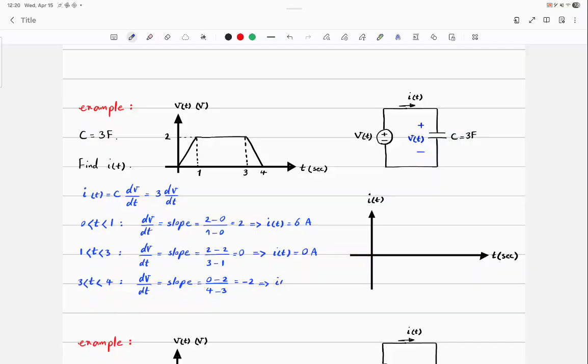So your I_T is negative 6 amps. Problem? You know how I got from 2 to 6, right? Multiplying by the value of C. So let's plot that. 1, 2, 3, 4.